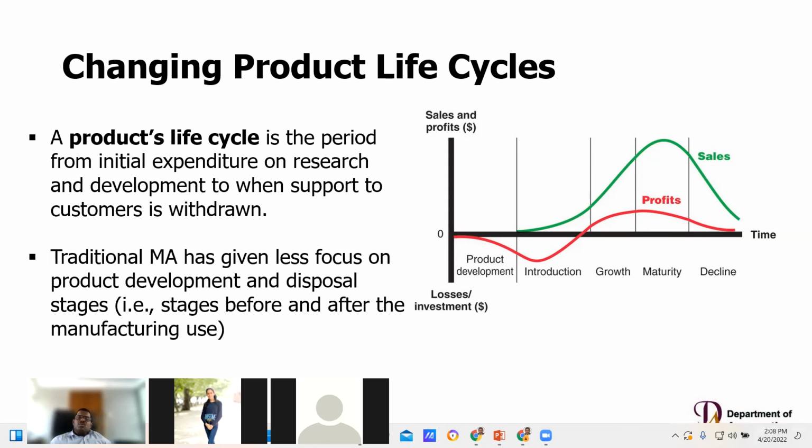Product development cost, we don't consider as a manufacturing cost. Right? In history, you see that the product development cost would be a huge amount, a big amount. And also, I will come to that part later.